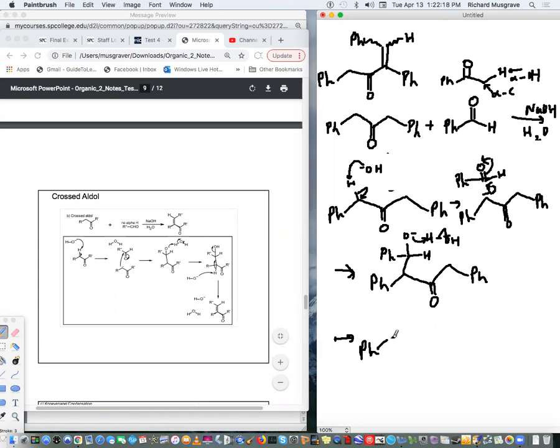We end up getting this aldol compound first. And then the OH minus comes in and takes off the hydrogen, forms a double bond.